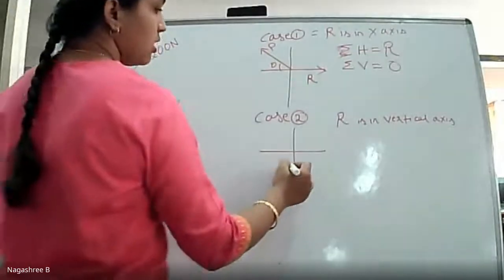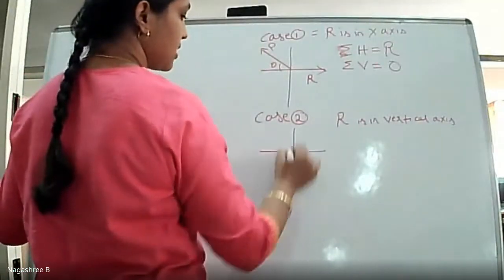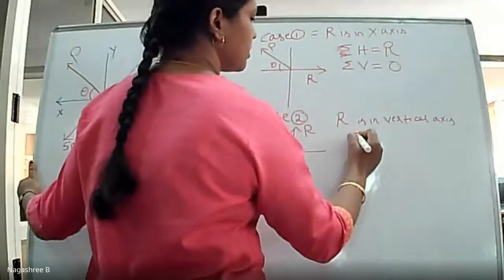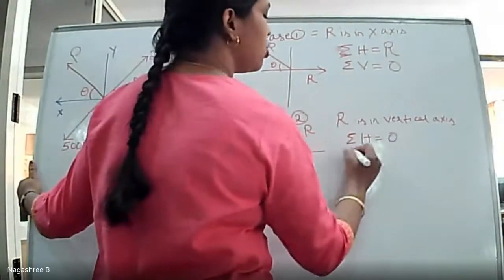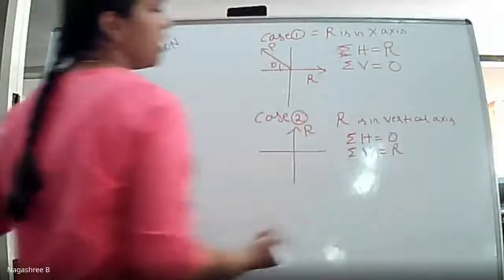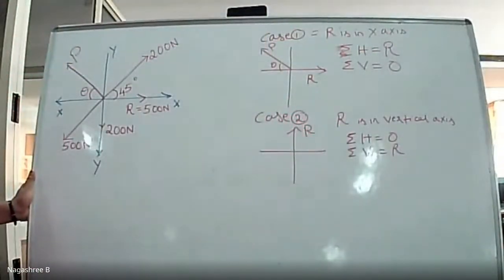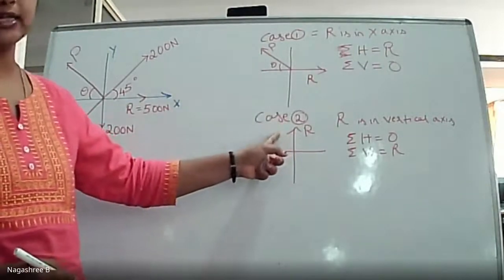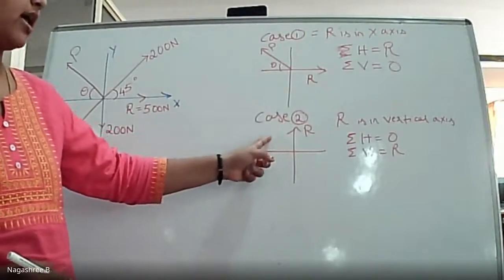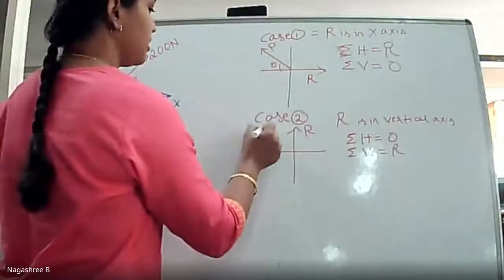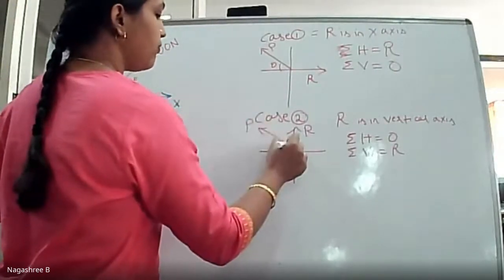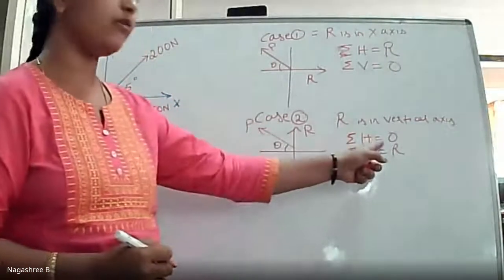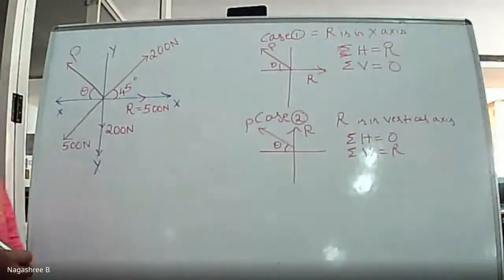Here, if R is on the y-axis, then sigma H is equated to 0 and sigma V is equated to the resultant R. So I just repeat: in case 2, if the resultant is lying exactly on the y-axis, then in order to determine the value of the unknown force P as well as its inclination theta, sigma H is equated to 0 and sigma V is equated to R.